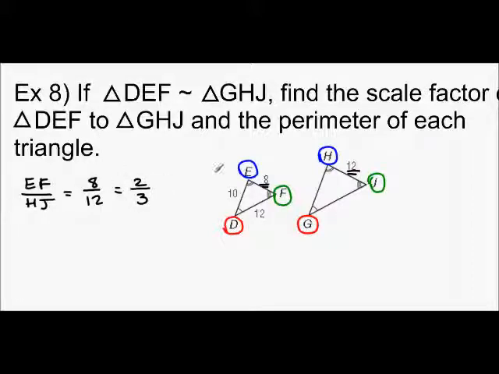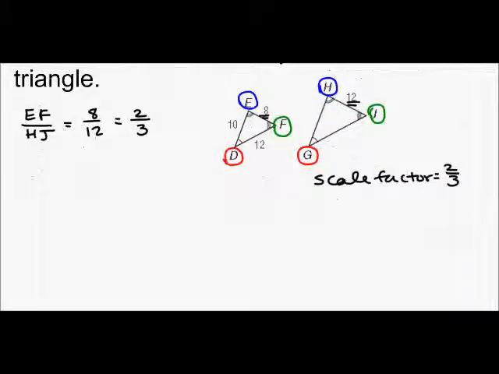So this is my scale factor. Let me write that here. Scale factor is 2/3. Okay. And the perimeter. Well, to find the perimeter of this small triangle is really quite simple.